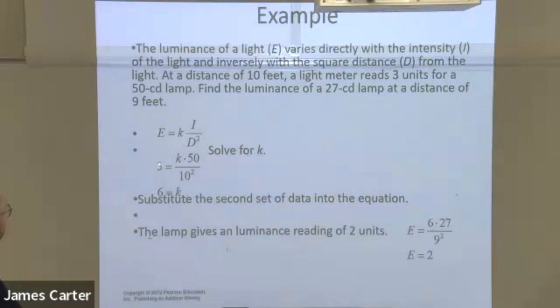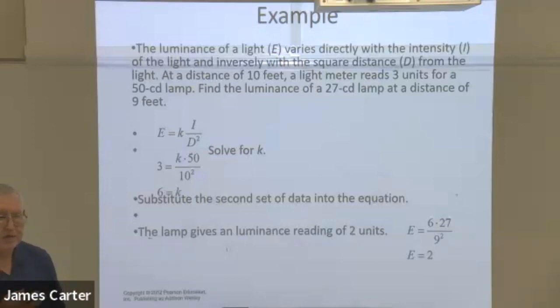Solve for K. We put in the 3 units for a 50 CV lamp. Most of the time, lamp brightness is registered in something called luminance. When you buy light bulbs, look for the luminance as well as the wattage.